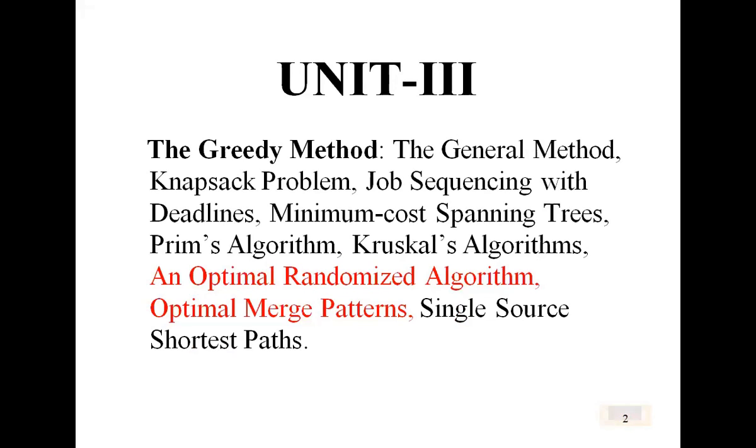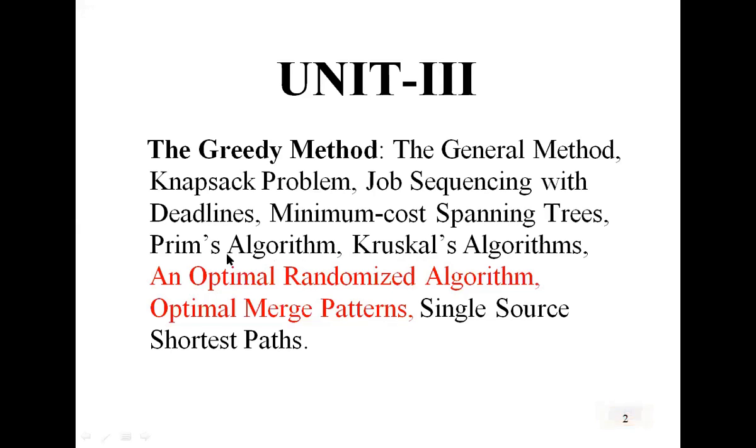In Kruskal's algorithm, always we are arranging the edges with the least cost weight in increasing order, from low cost edge to the high cost edge, in the priority queue.